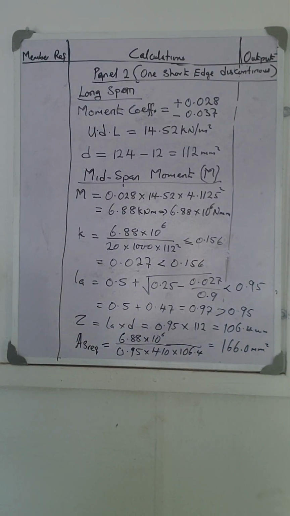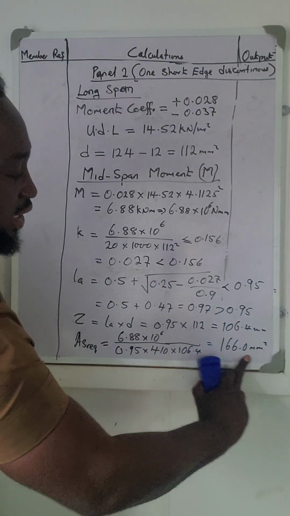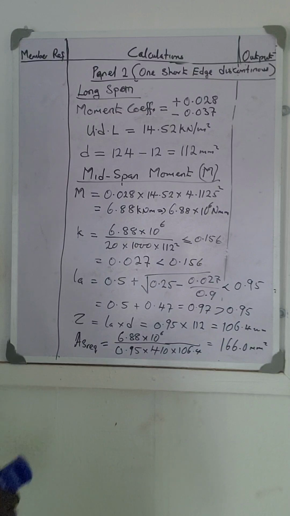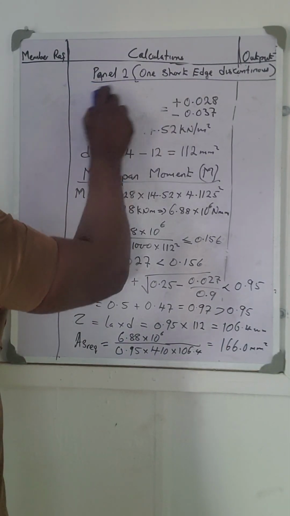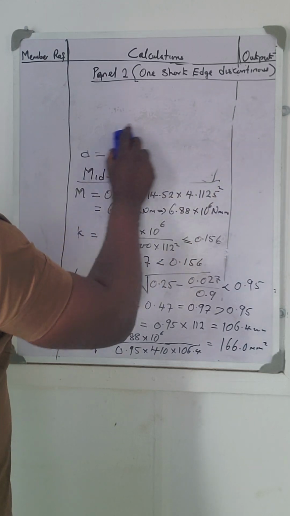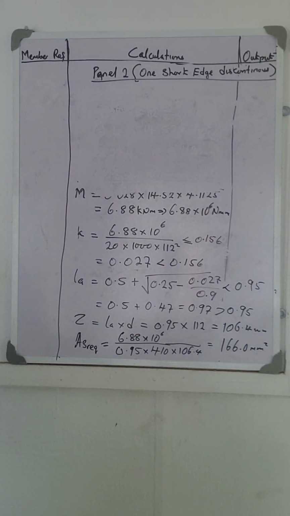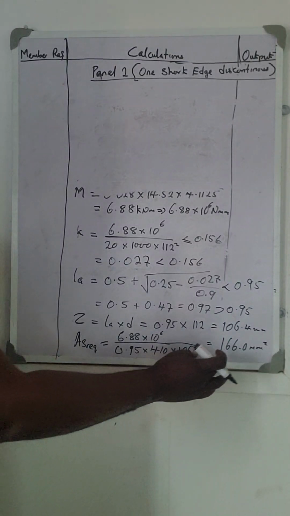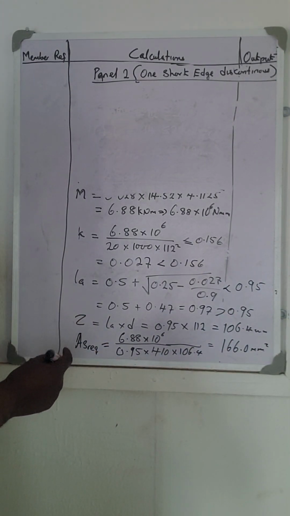Now the next step is to go to your BS code to get your nearest area. We are using 12 mm for the reinforcement. What is our area of steel that is closer to 377? At what spacing? 300.